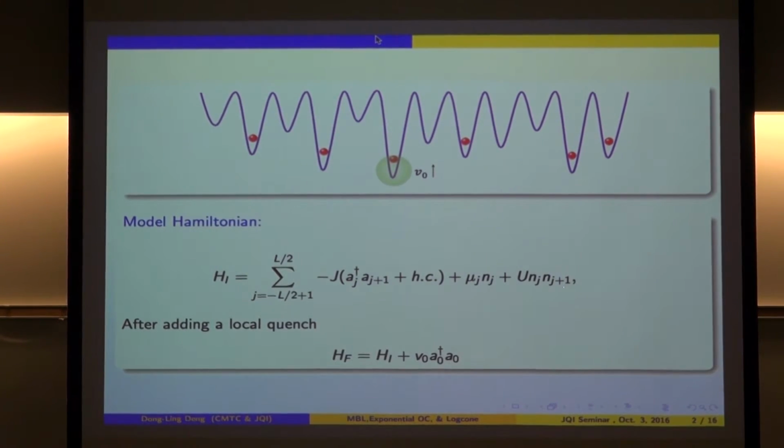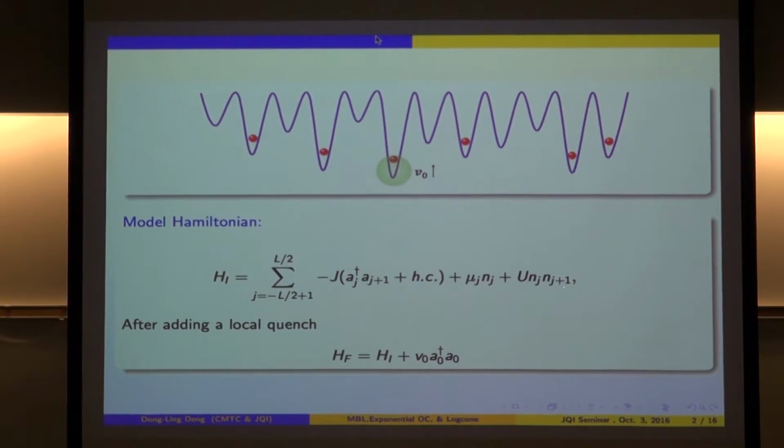So today, we will consider a very simple one-dimensional system with random onsite potential. The Hamiltonian describing this system is a one-dimensional Anderson model. Here, J describes the hopping strength between nearest neighbor sites, and U describes the interaction terms.